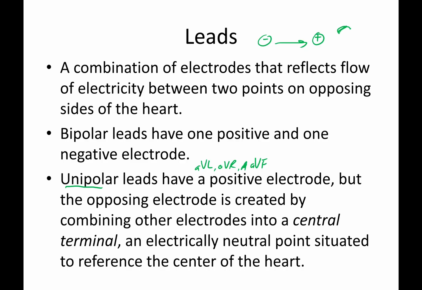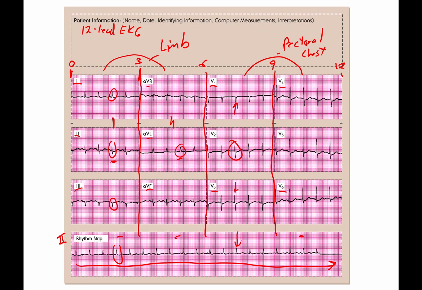I'm going to head way back here and point out this final part for now. The AVR really is a bit of a black sheep. This is the only lead where your P waves will be inverted, and that's normal. Every other lead you should have upright P waves in.